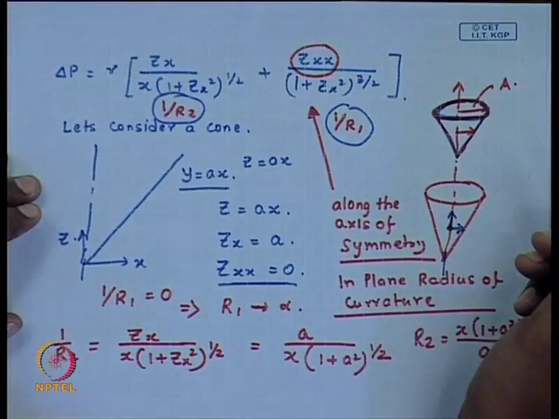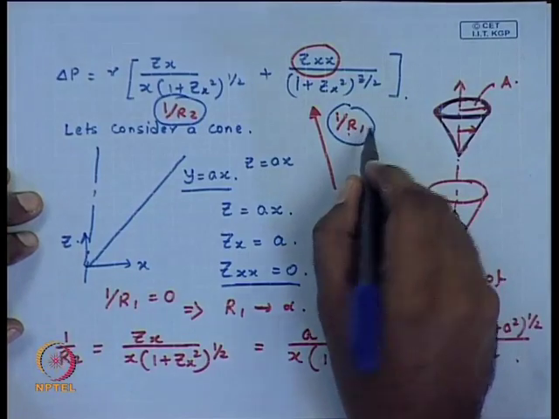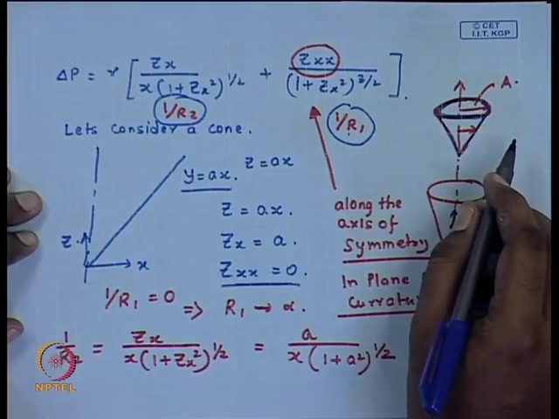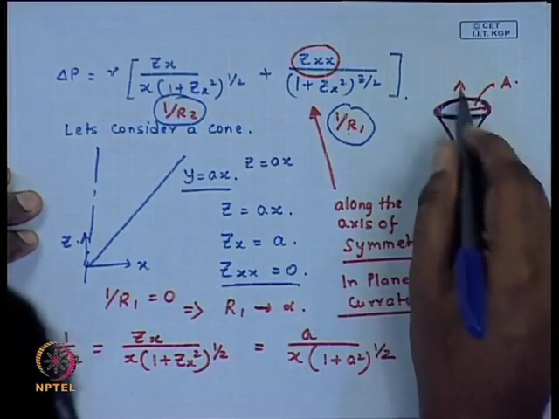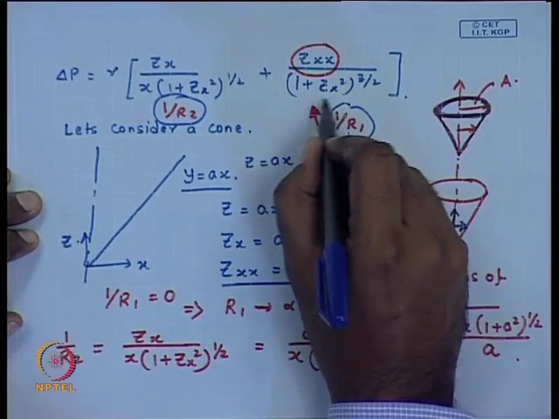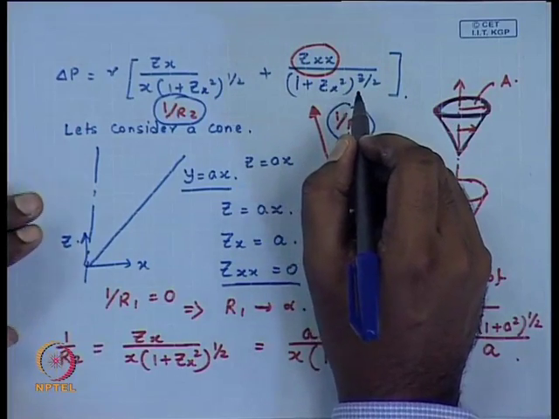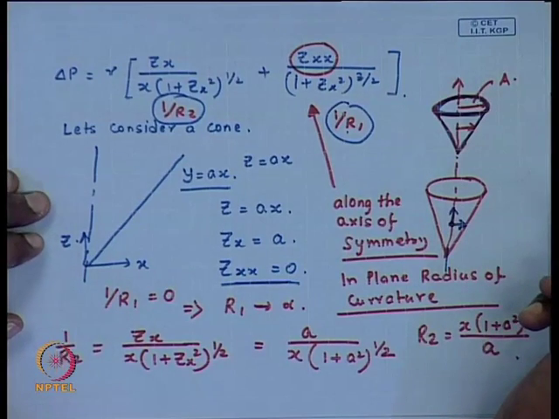So, the take home message is whether you define or describe this one as R 1 or R 2 really does not matter, but when you look at the mathematical expression, it is this radius of curvature along the axis of symmetry which will always be referred to by this particular term, okay, that you have to stick to. Conventionally we term it as the in plane curvature or R 1, and the other one we term as the out of plane curvature or R 2.